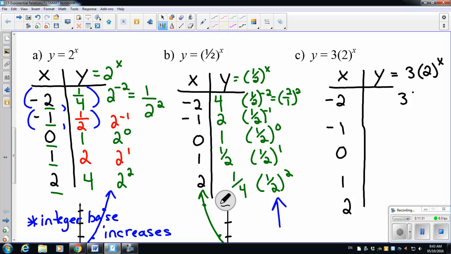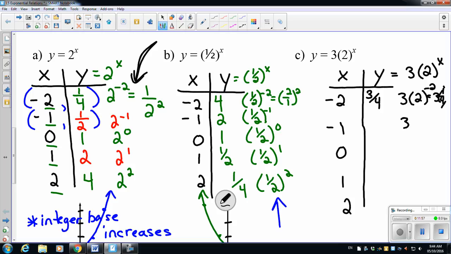So I have 3 times my 2, and instead of x, I've got -2. And remember, 2 to the -2 from over here is a quarter. So I'm going to have 3 times a quarter. And 3 times a quarter is 3/4.